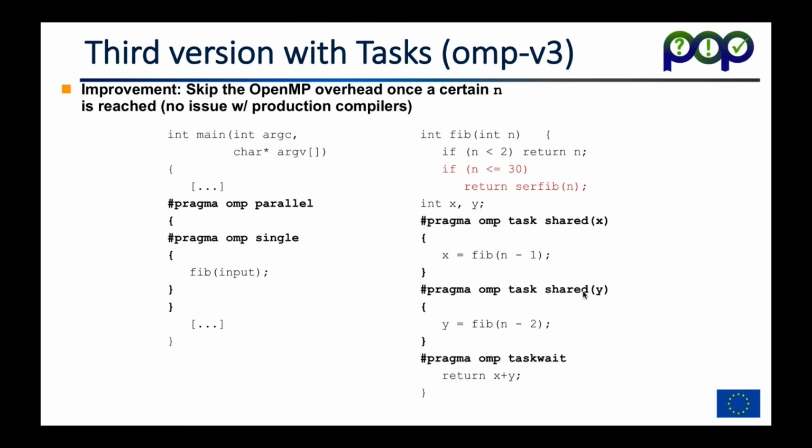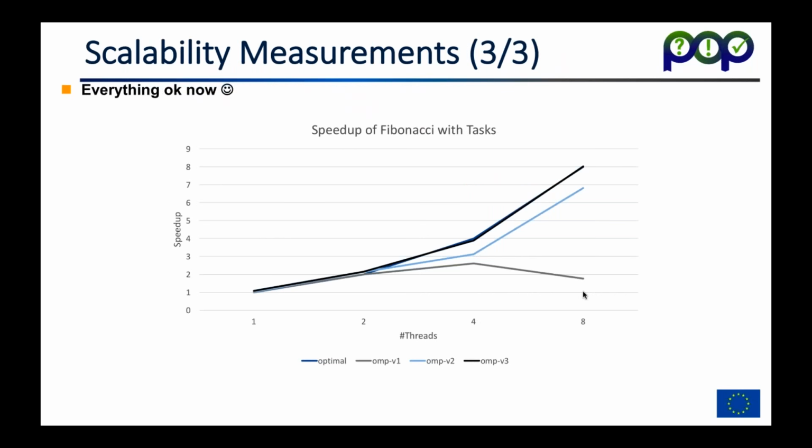You will not evaluate the if clause again, and this will reduce the overhead even further. Then you can get a better speed up as shown here. The black line is a third version, and this is really now on the optimal line which you calculated.